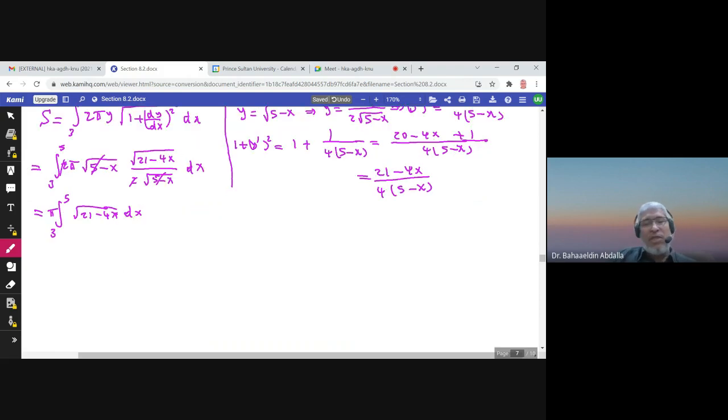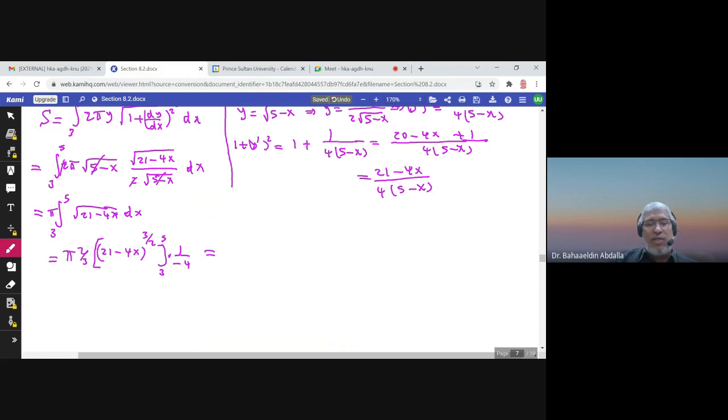Now this is a linear function, so I can just write it 21 minus 4x to the power half, and then add 1, so multiply by 2 over 3, and I need to divide also by -4, the derivative of 21 minus 4x. And I should evaluate from 3 to 5.